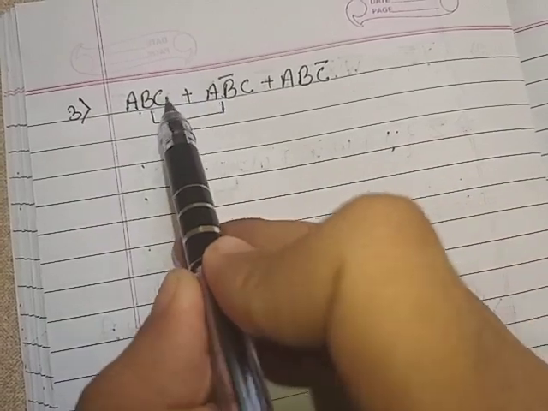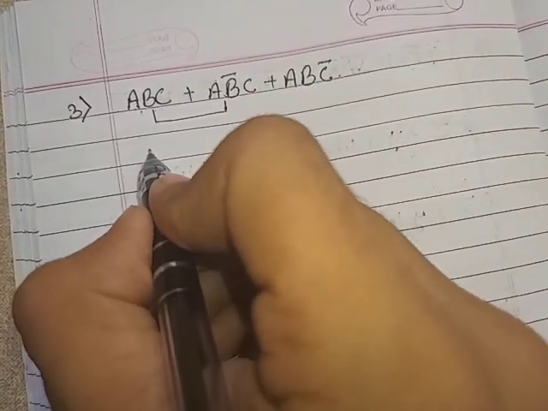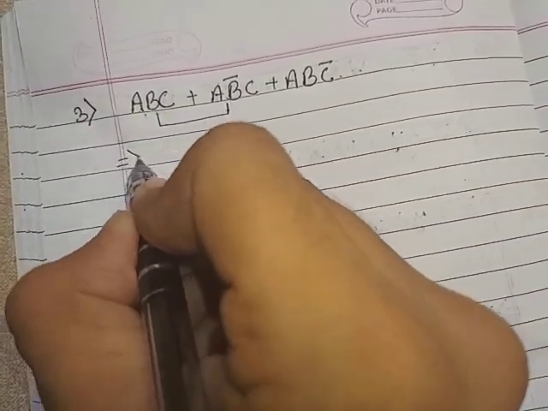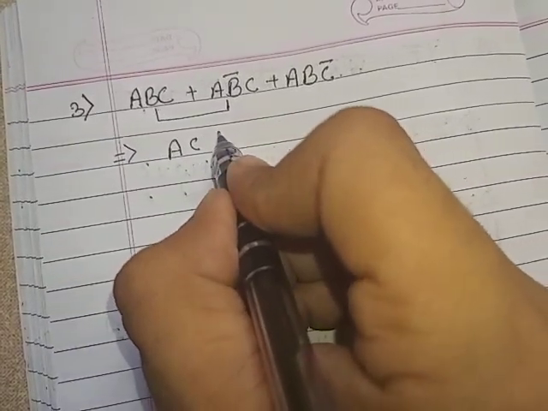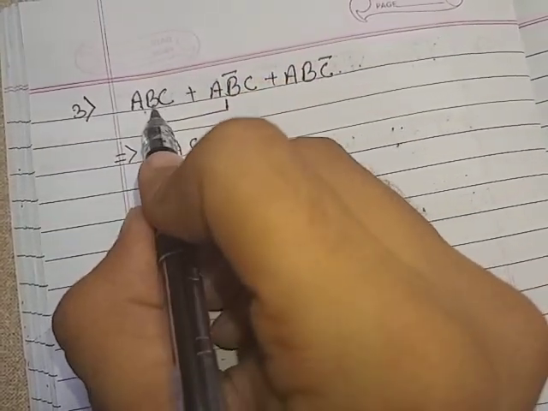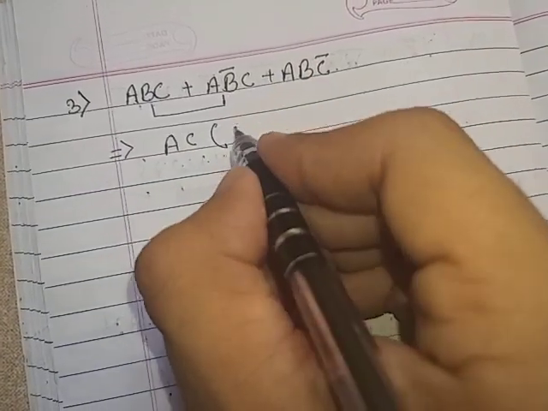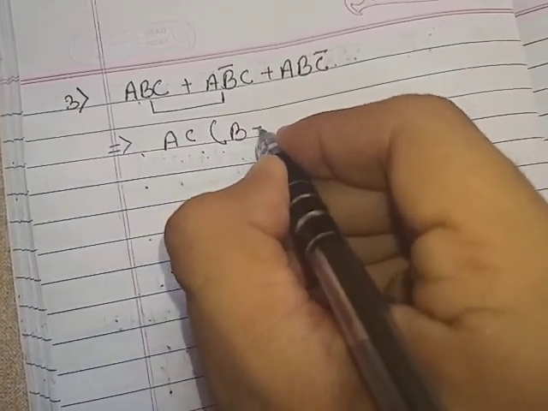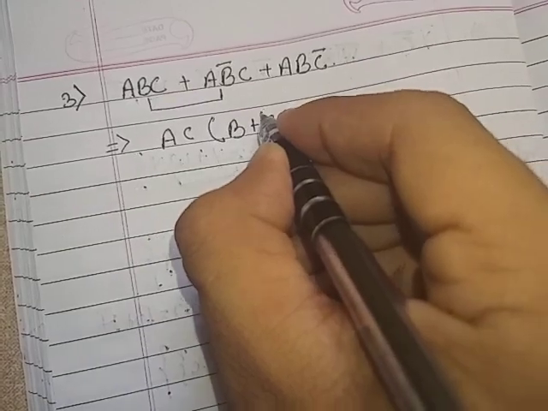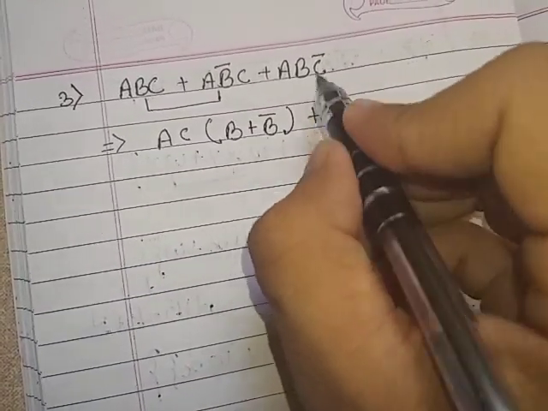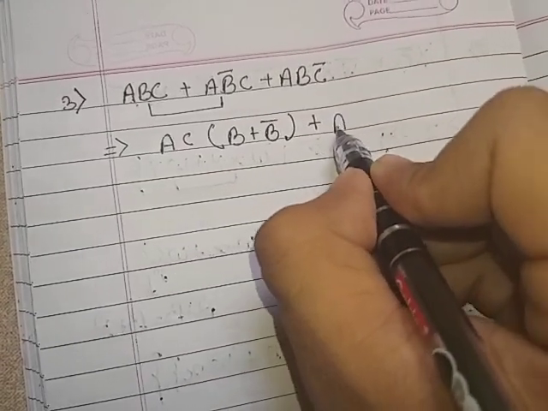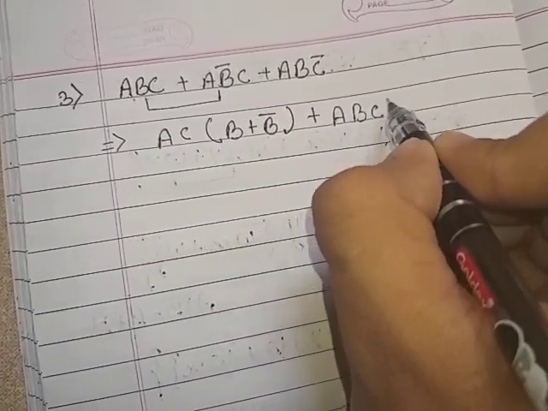A and c. So I am going to take ac common. What is the remainder? b plus b bar. And the remaining term is as it is, abc bar.